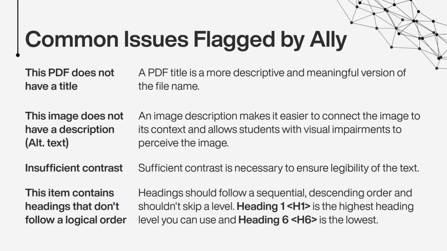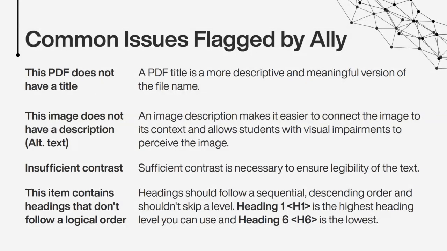So, logical order regarding reading. If you have a heading and then you have something designated as a title, Blackboard will flag it, saying that it does not follow a logical reading order. So you would just have to flip the designations, and then it'll be fine.